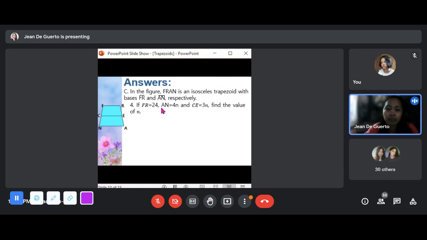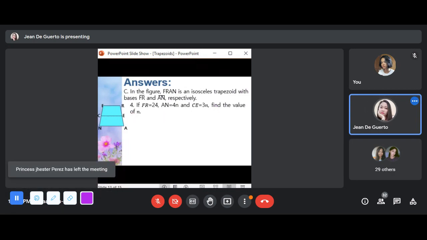If FR is 24, AN is 4N, and CE is 3N, find the value of N. So this time, since variable ang hahanapin natin, may involved na variable.